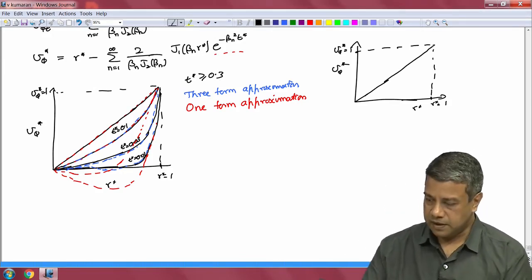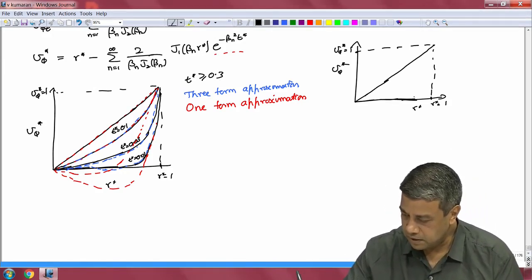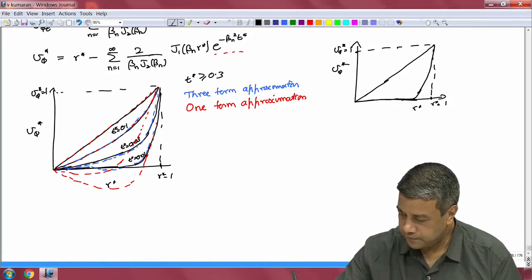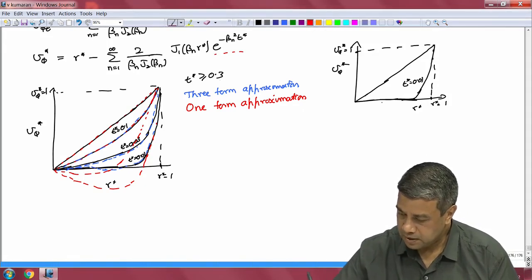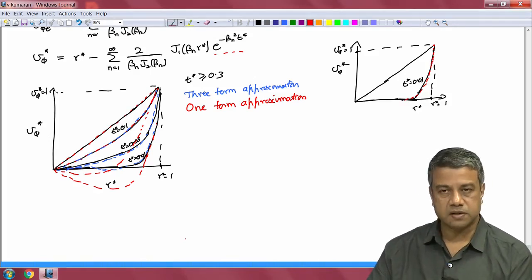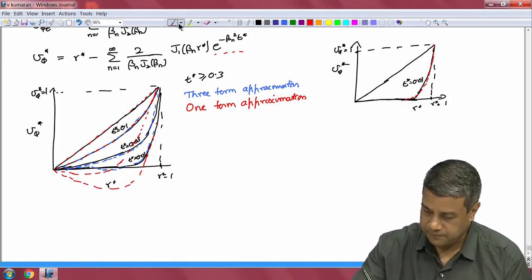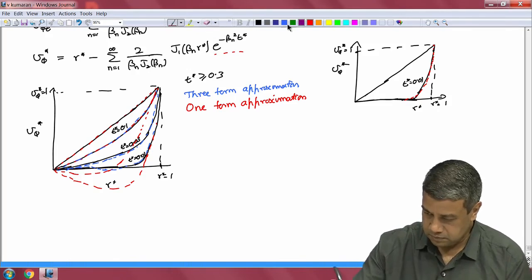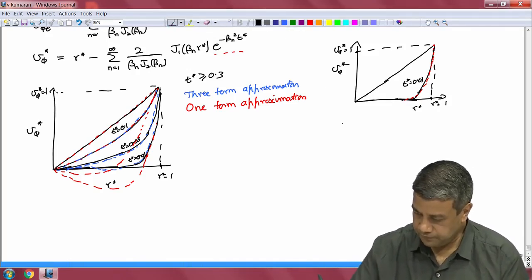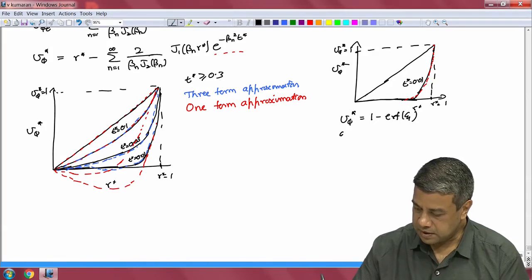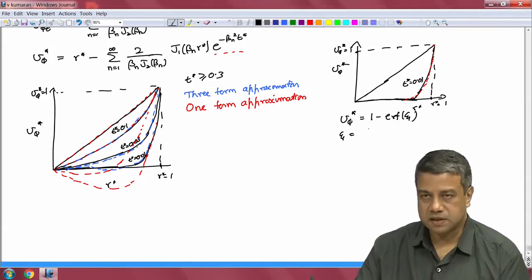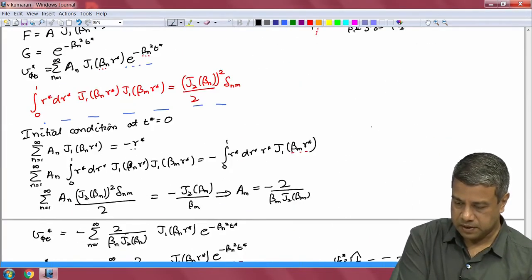At very early times, if I take for example the solution for t star equal to this, it is in good agreement with the solution that I get by separation of variables, of the form shown, where psi is equal to the distance from the wall. So, let me go back to my figure here.